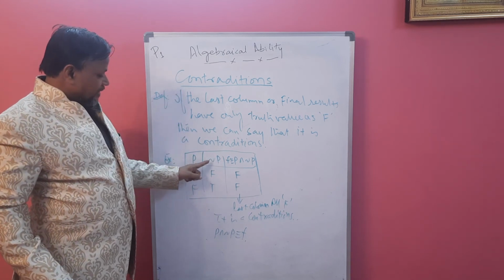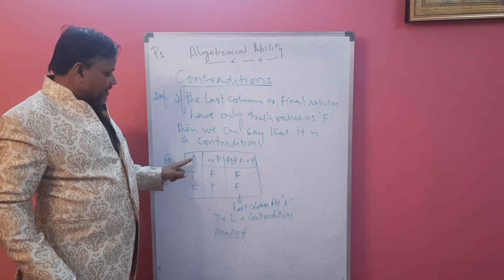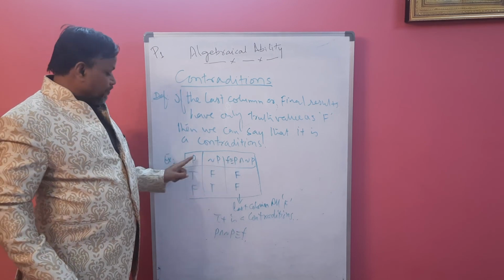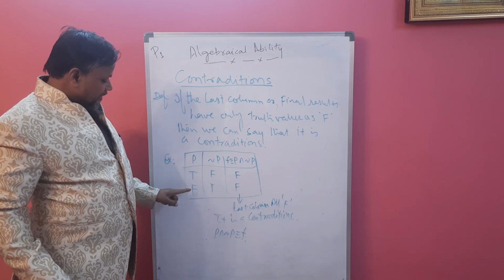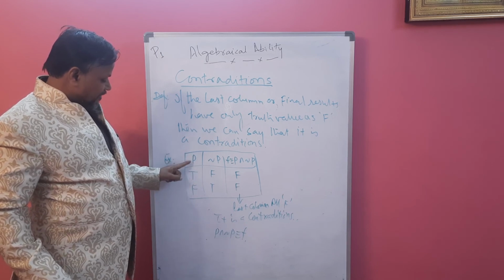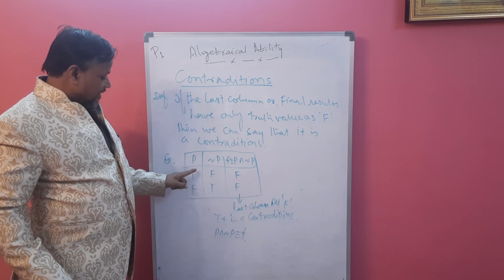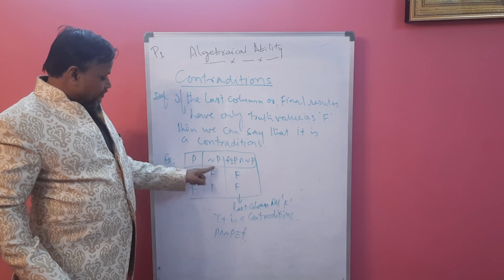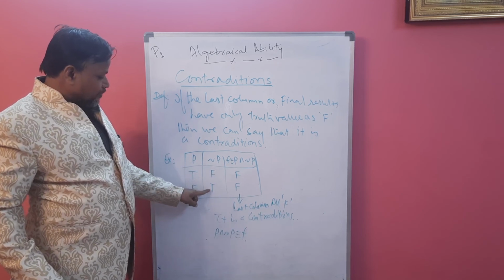Example, P and negation P. We are taking conjunction of P and negation P. P values are T, F. If only one person is giving statements, his statement may be true or false. Negation of P, here T is there, negation of that is false. For false, negation of that is true.